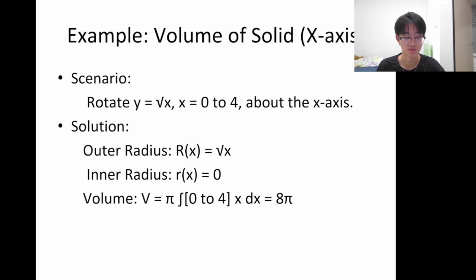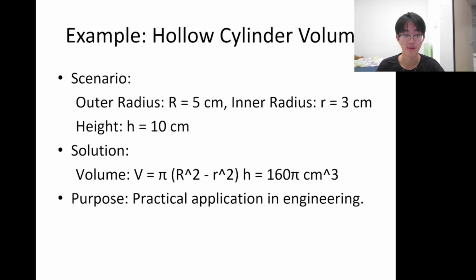Let's do an example. To calculate the volume of a solid rotated about the x-axis, first we identify the radius. The outer radius is R(x) equal to R(x), and the inner radius is r(x) equal to 0. We put it into the formula and calculate, finding the volume is 8π.